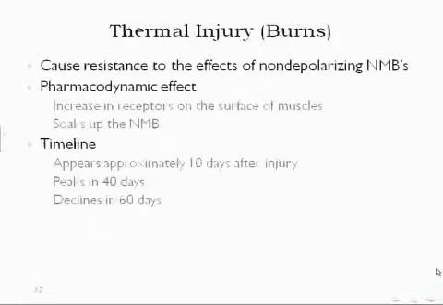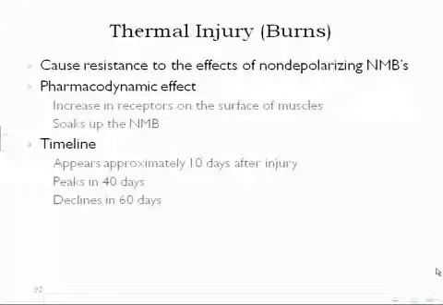If you have somebody with burns, what happens over time is you get an increase in the number of neonatal receptors all over the muscle. So when you give the muscle relaxant, it gets soaked up without really good activity. You need to give a very high dose of a non-depolarizer to a patient with burns. It is contraindicated to give a burn patient succinylcholine, because you'll kill them.